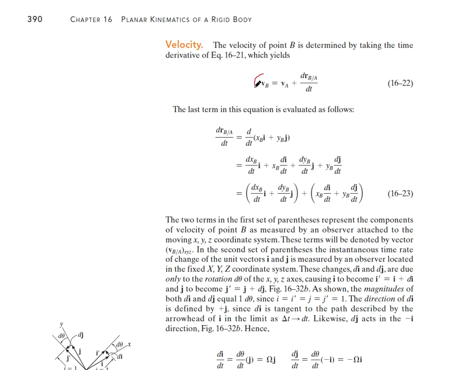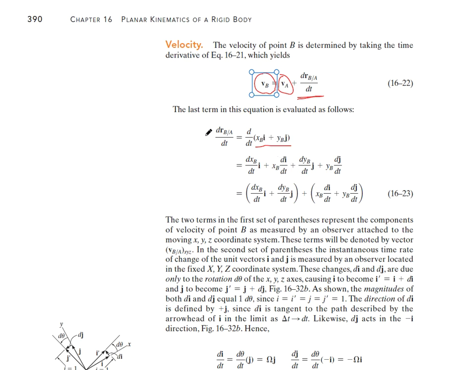So the absolute velocity of point B is going to be the absolute velocity of point A plus the time derivative of this relative vector of B with respect to A. Now this vector is changing both magnitude and orientation, and because of this, the i and j unit vectors are functions of time. It's no longer a translating frame.